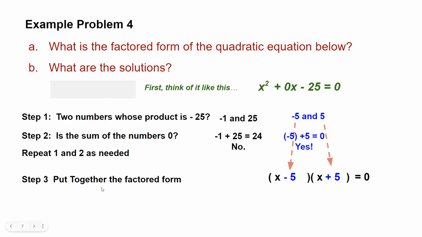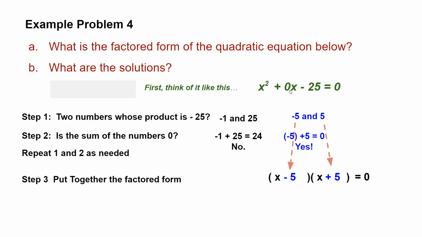Now, I want to point out before we go to our solutions here that whenever the same number is in both binomials, but one's positive and one is negative, this kind of form of the quadratic equation will happen where the x term is 0.